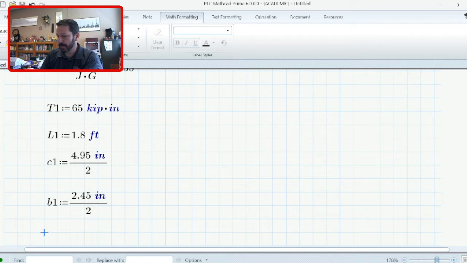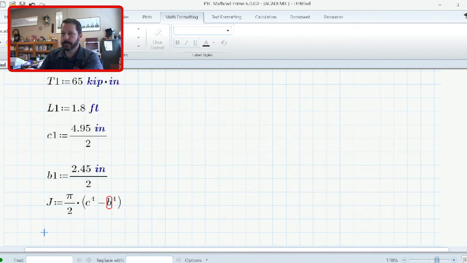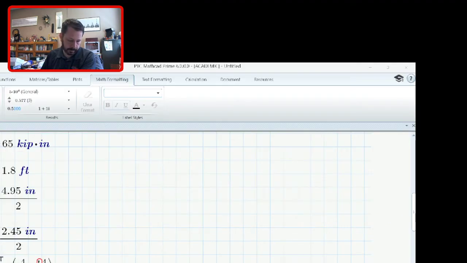So now we can do J equals pi over 2 times C to the fourth minus B to the fourth. And those need to be C1s and B1s, don't they? C1, B1. Okay, and this is, I guess, J1.